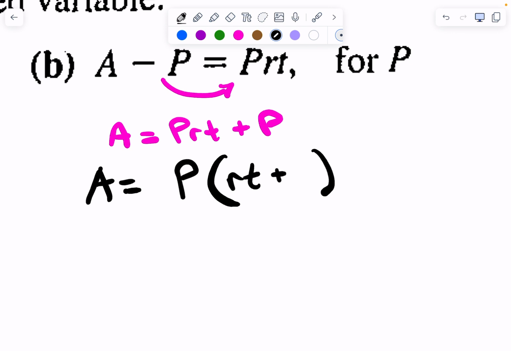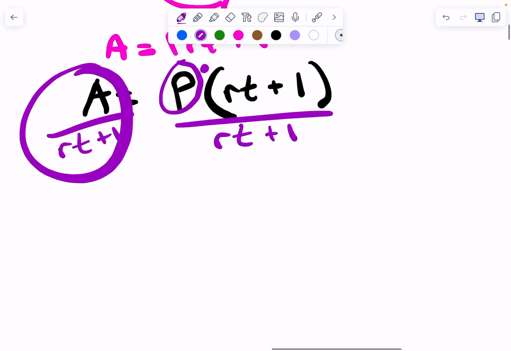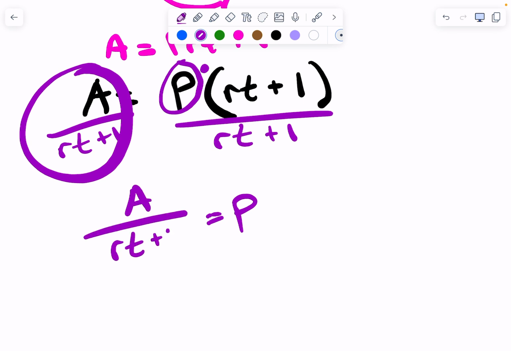RT plus 1. Now if I'm trying to get this P by itself, what do I do with the other junk? This is P times that junk, so I'm going to divide by RT plus 1 and divide by RT plus 1. So P will be equal to A over RT plus 1.